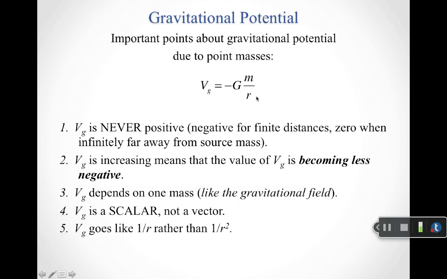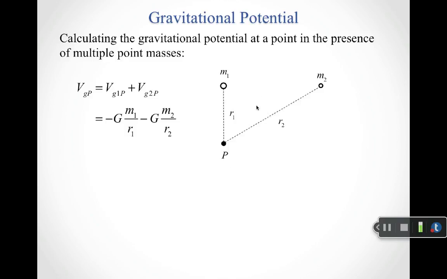Just like the potential energy, the potential goes like 1 over r rather than 1 over r squared. Our energy terms, both potential energy and potential, are 1 over r. Our vector terms, force and field, go like 1 over r squared.